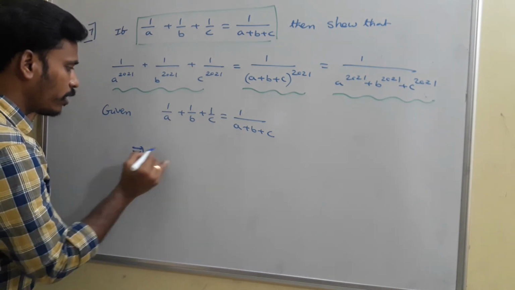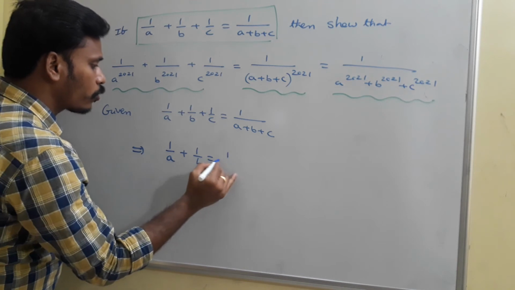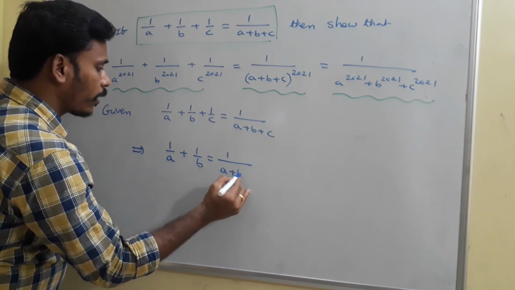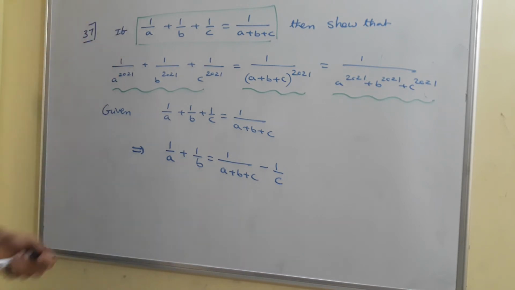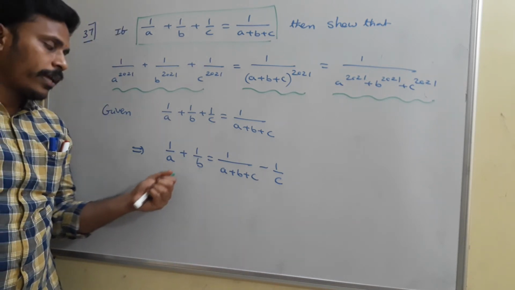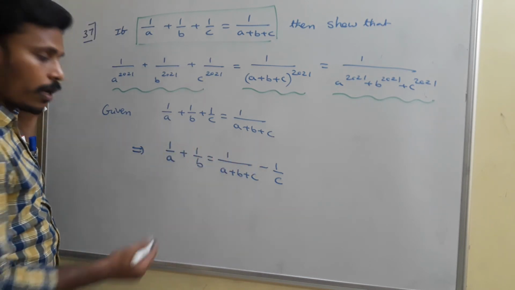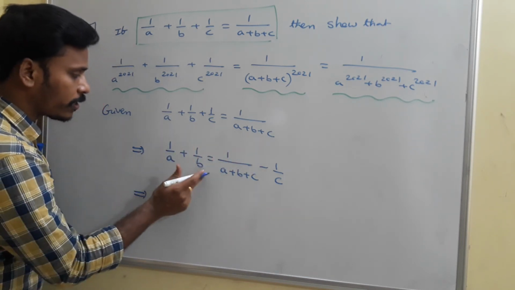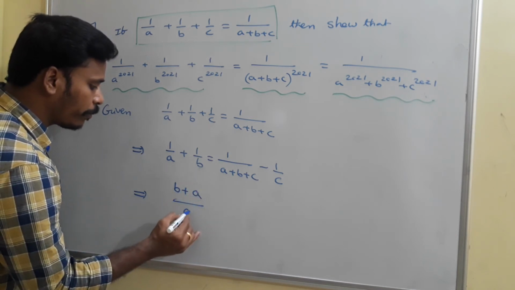So what I am doing is 1 by a plus 1 by b is equal to 1 by a plus b plus c minus 1 by c. Now you just take LCM on both sides. Here on this side, b plus a divided by ab.